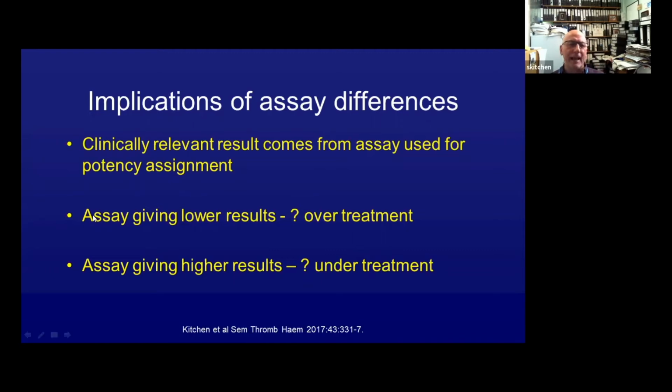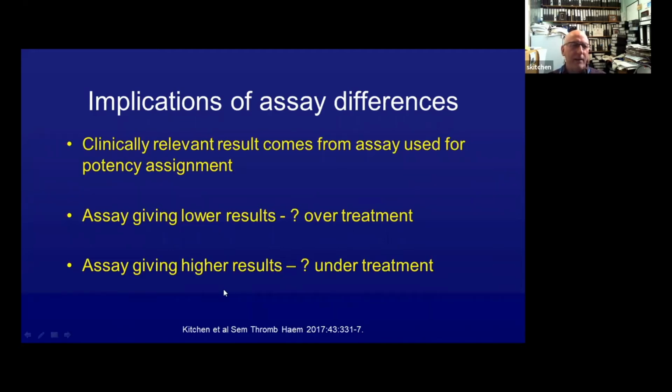What are the implications? Well, if we select a lab assay that gives a lower result, and if that number is used to make adjustments to the patient's treatment, it would generate additional infusion material that's over and above what's required clinically, the potential for overtreatment. And of course, this is a waste of a precious resource.